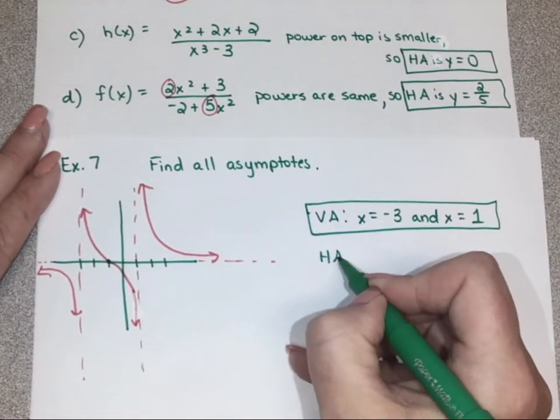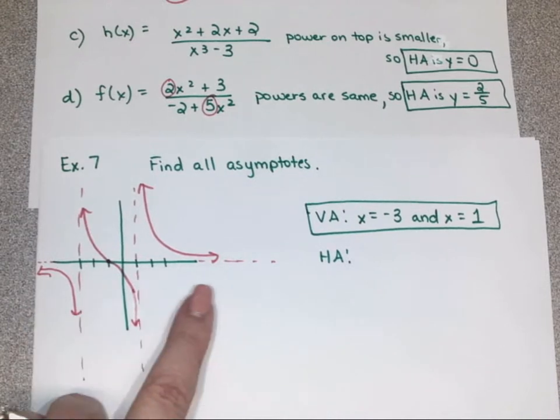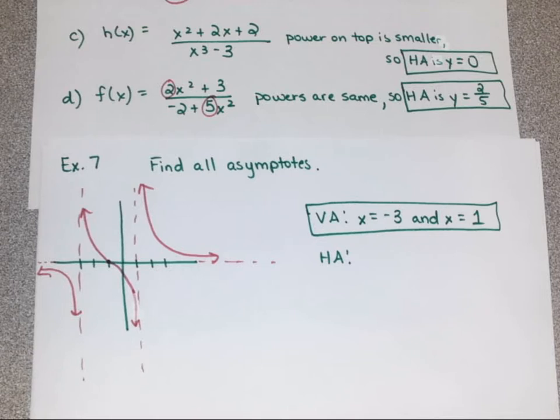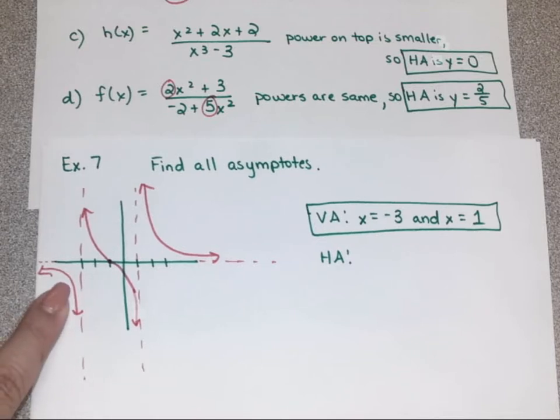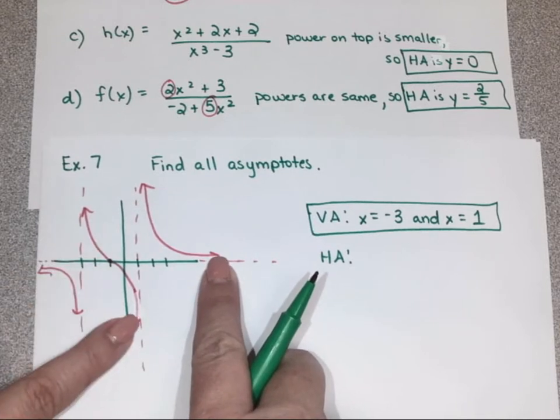Okay, and then for horizontal asymptotes, first thing is before we say what we have, notice that we look like we have one, but the middle piece is crossing through it, which remember is not technically supposed to do. However, what did we say about horizontal asymptotes? They only have to follow the rules at what? The far left, which is this curve, and the far right, which is this curve. In other words, in the middle, it can kind of do what it wants, okay?